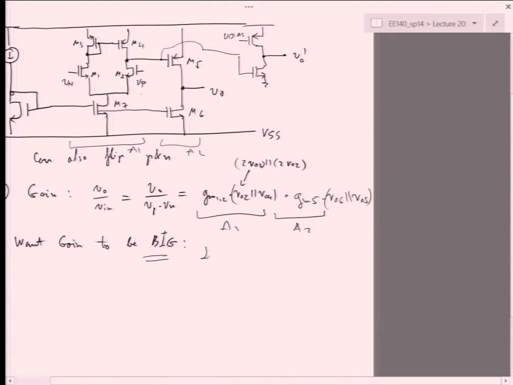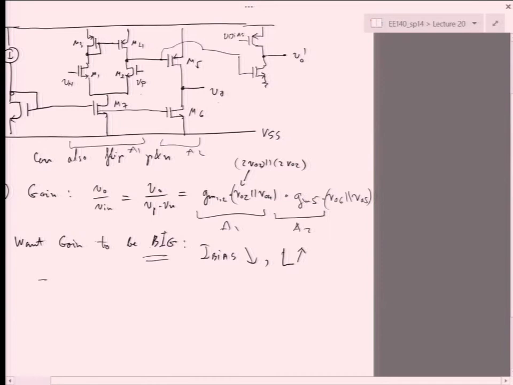Then we said we really want the current to drop. So yes, your transconductance suffers, but your R naught increases much more rapidly, so your I bias has to be lowered, as well as you want to boost your output impedance in order to get more gain. So in that sense, again, you want your L to increase.